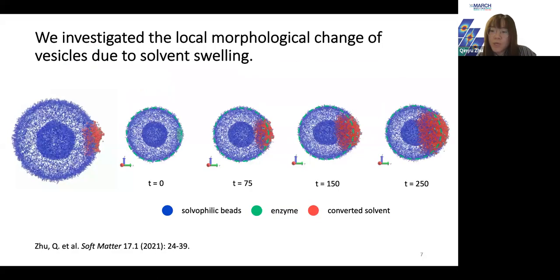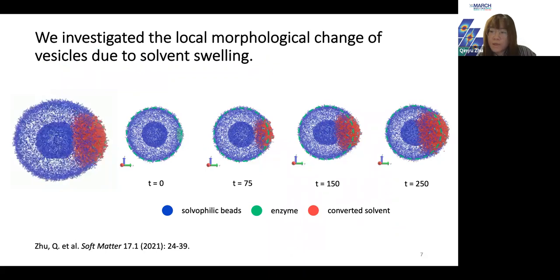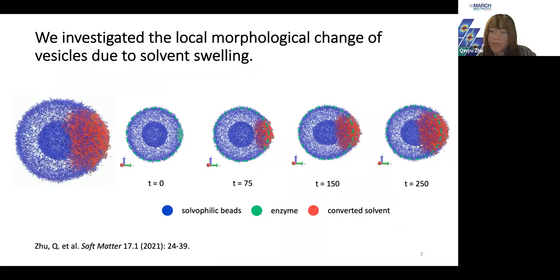First, we observed local solvent swelling driven by membrane-embedded enzyme particles that catalyze the conversion of surrounding solvent particles into another solvent, which is shown in red, that interacts favorably with the solvophobic particles.